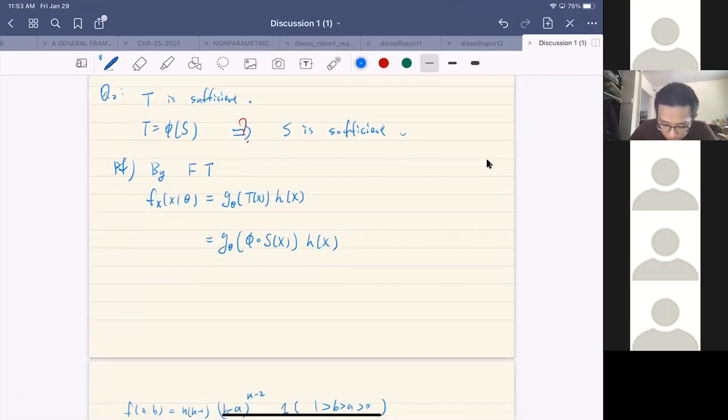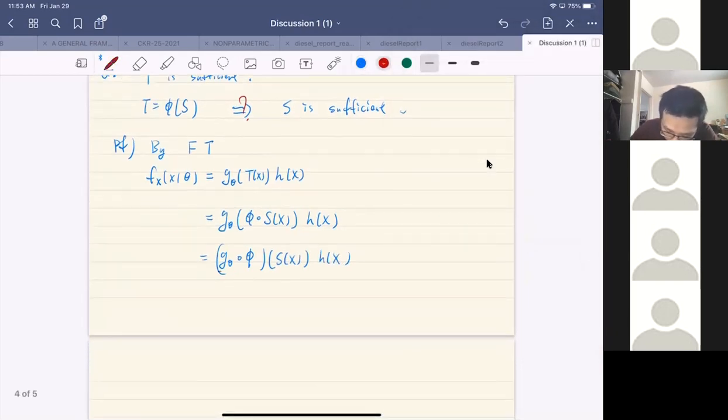We can write it in this form. This is another function defined only on S. So by the factorization theorem, S is sufficient.